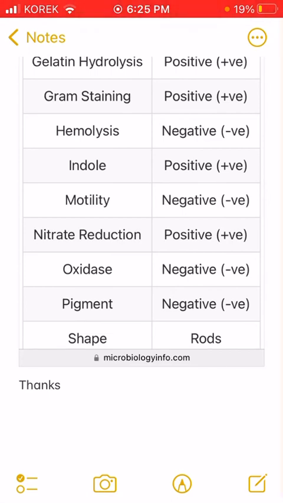You add some drops of the reagent on the filter paper, and using the stick, you take a colony and put it on the drop and mix it using the stick. Mix it. The result, if a blue-like color appears, it means the test is oxidase positive, and the shape is rod shaped.